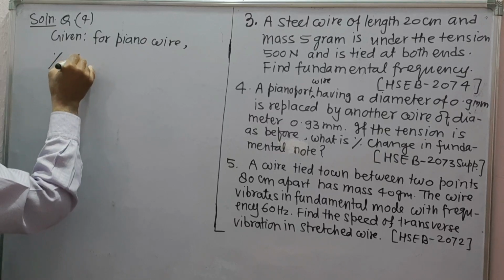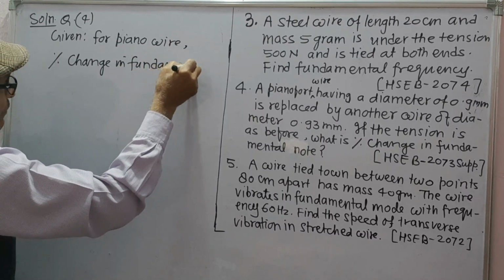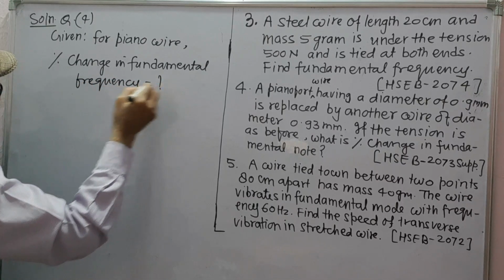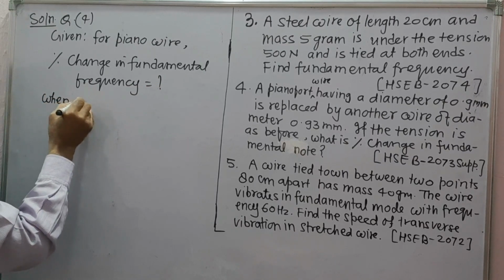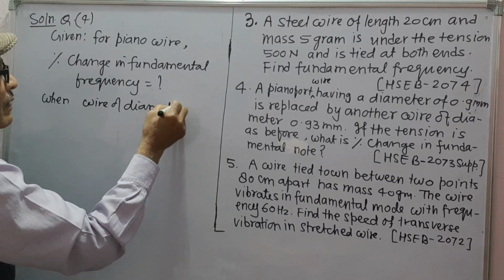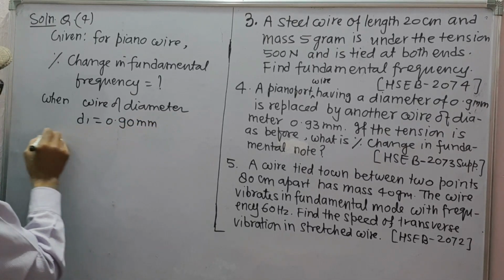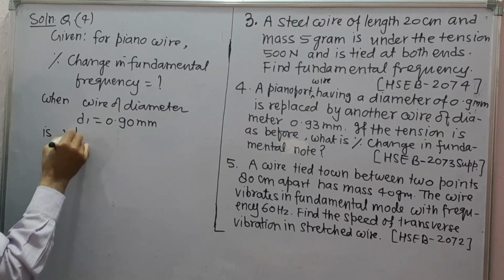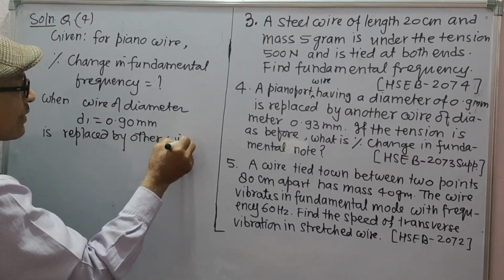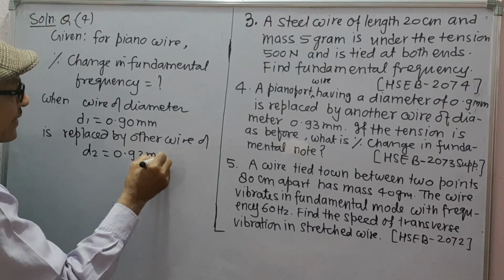So what is the percentage change in fundamental frequency when the wire of diameter d1 is equal to 0.9 mm is replaced by another wire of diameter d2 is equal to 0.93 millimeter?